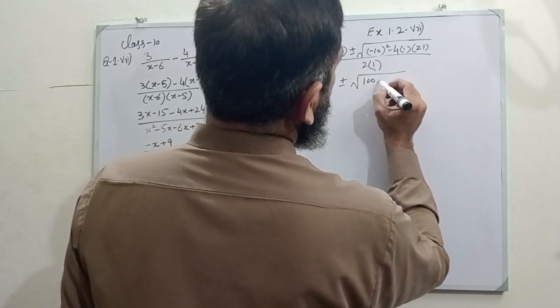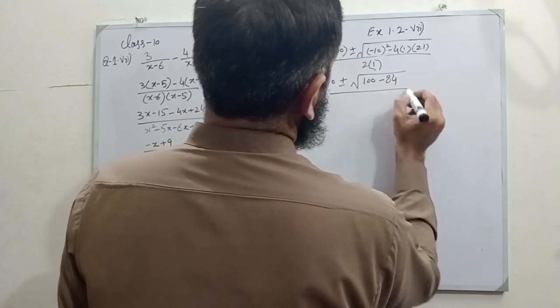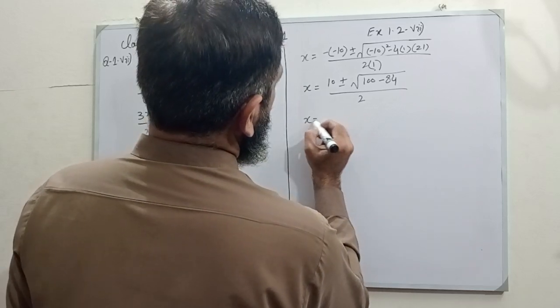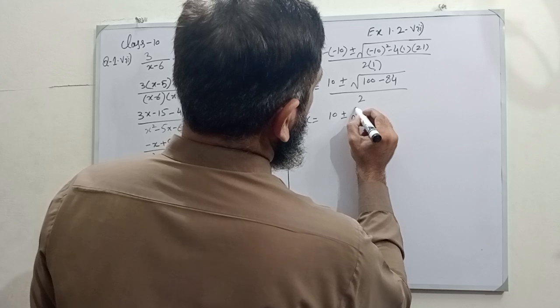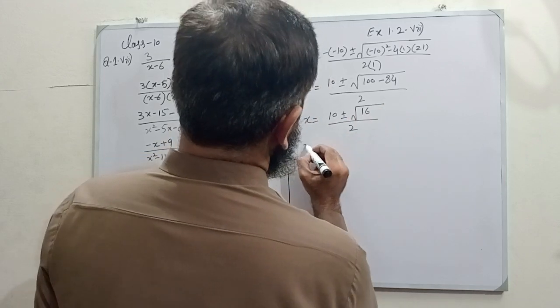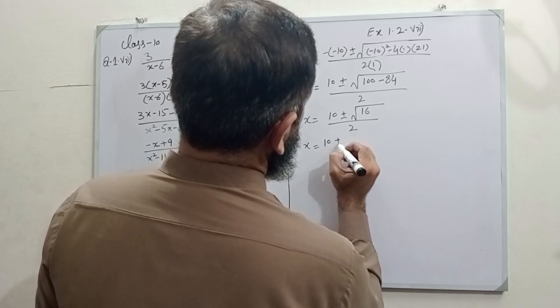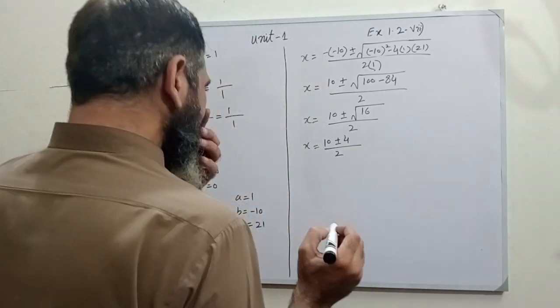Okay, this one x is equal to 10 plus minus under root 100 minus 84 divided by 2. This x is equal to 10 plus minus under root 16 over 2. This x is equal to 10 plus minus 4 over 2.